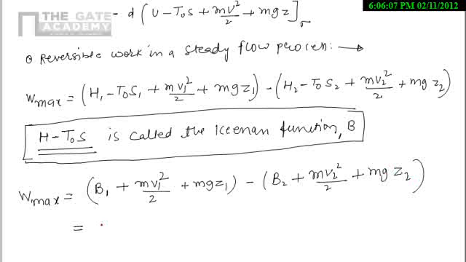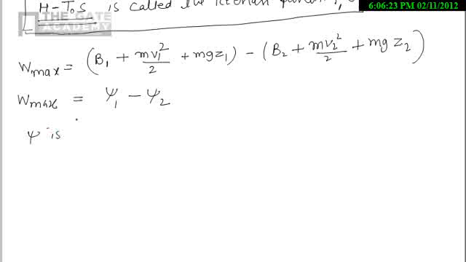So here we can also write psi1 minus psi2. W max in case of reversible work in a steady flow process, we can write psi1 minus psi2. So psi is the availability function of steady flow process.